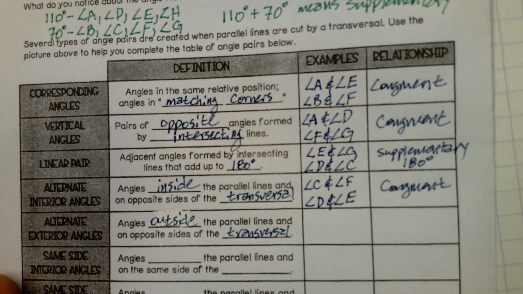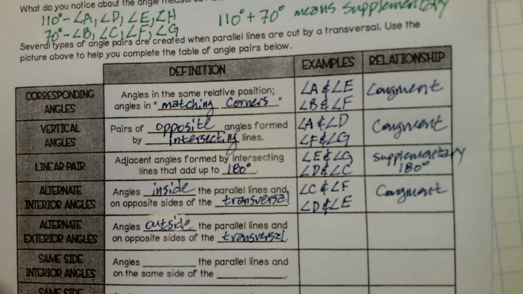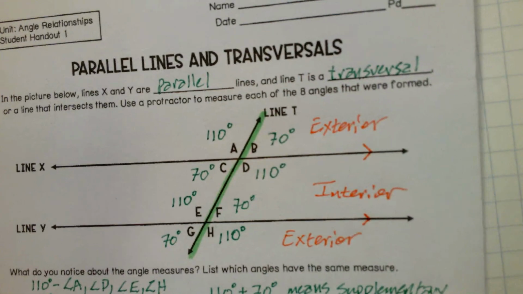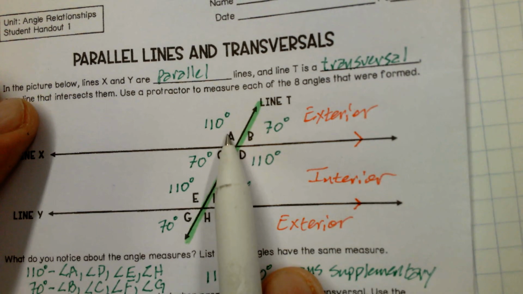So the same kind of relationship as we looked at when they were interior, but now they're going to be outside. So we're looking at angles A, B, G, and H. Okay? So let's take a look. You guys ready?